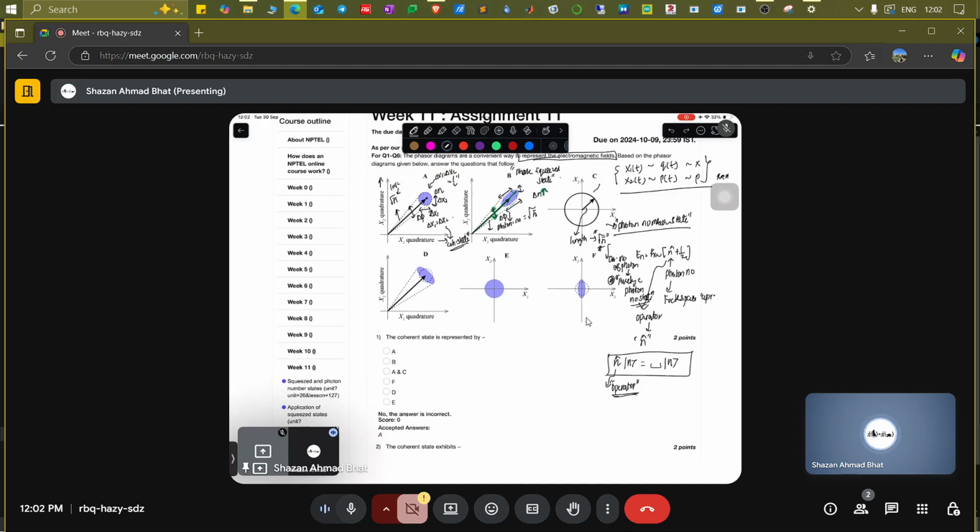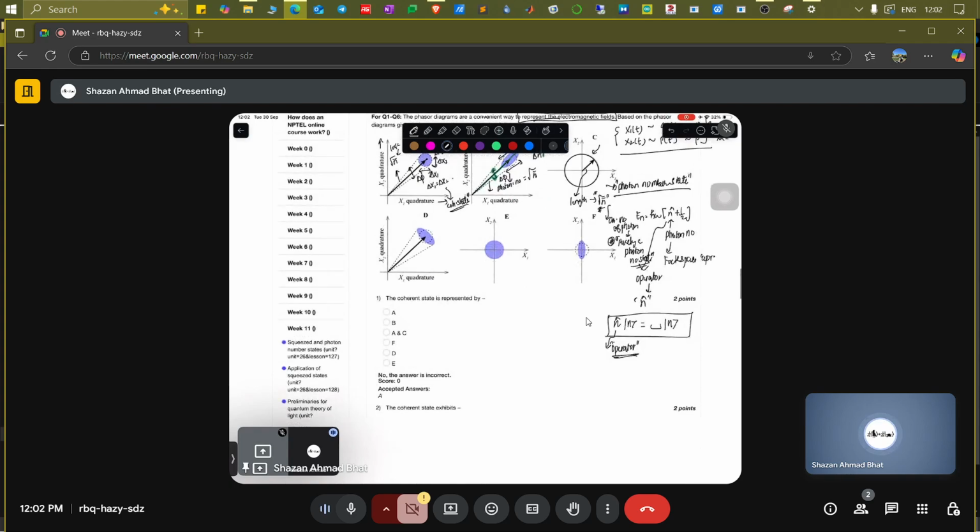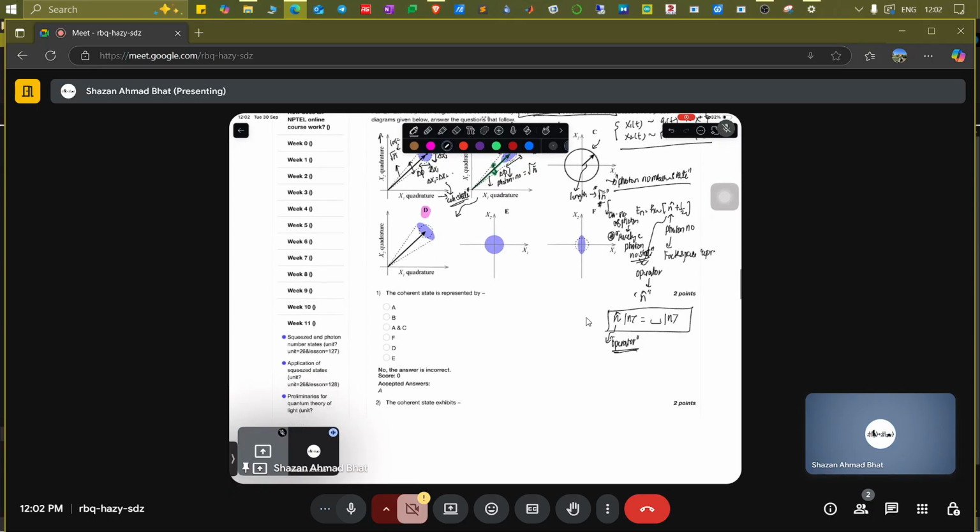And now this I talked about, this is basically purely a photon number state. Now what is this? The D part. If we talk about the D part, then this is almost the opposite of the B part. Now it is squeezed in the other direction, and due to that squeezing, the uncertainty in the phase has gone on increasing.